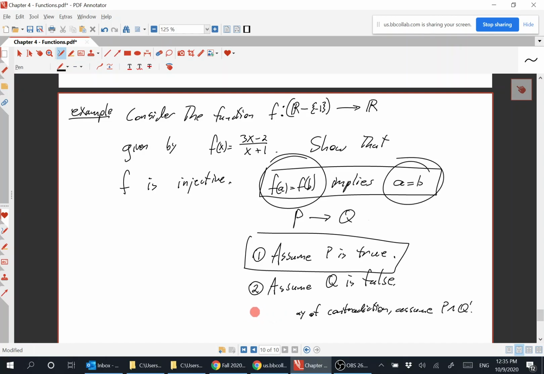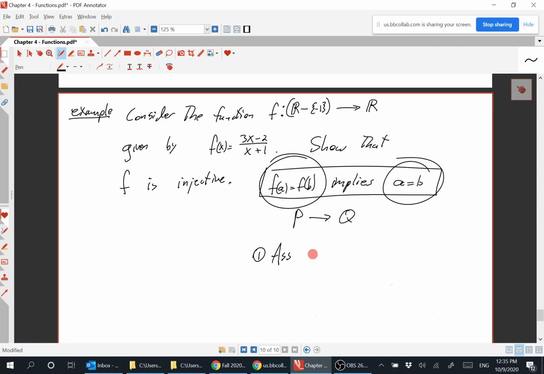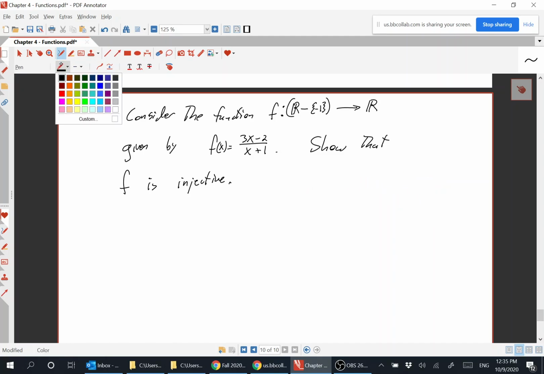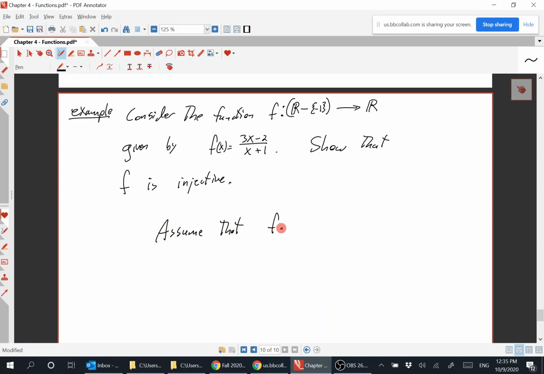That's it. And then argue down to a equals b. So assume that f of a is equal to f of b.